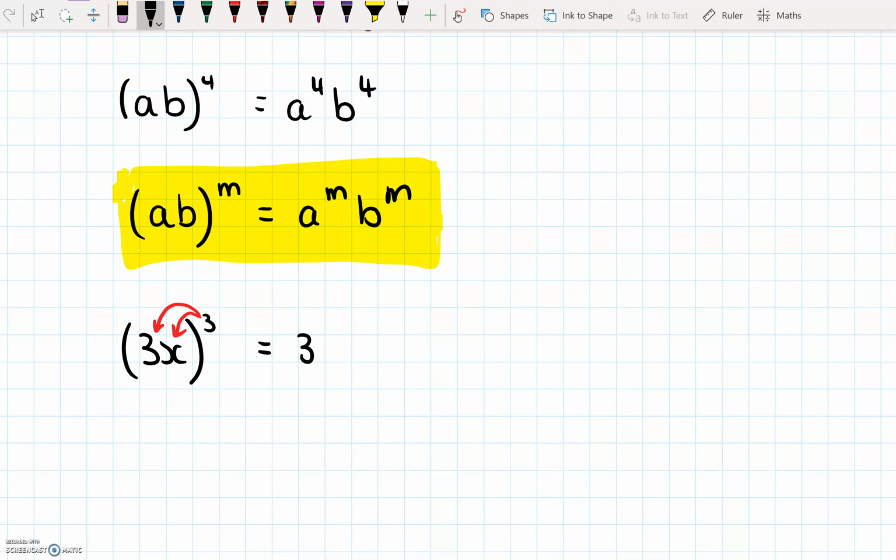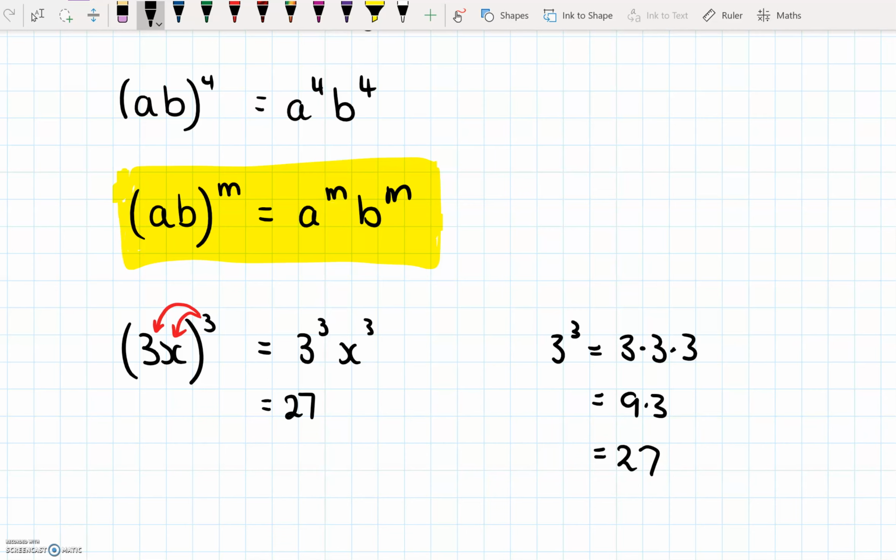So we're going to get 3 cubed times x cubed. Now 3 cubed is not 9. 3 cubed is equal to 3 times 3 times 3, which is 9 times 3, which is 27. So just be careful with that. So we have 27x cubed.